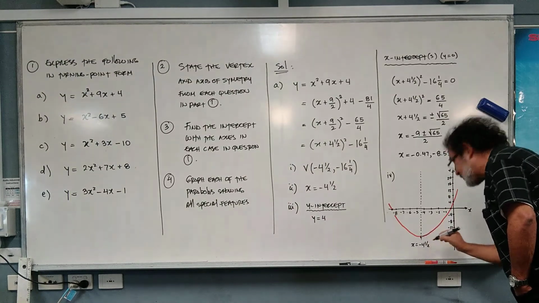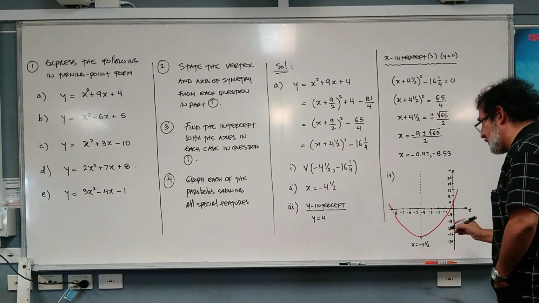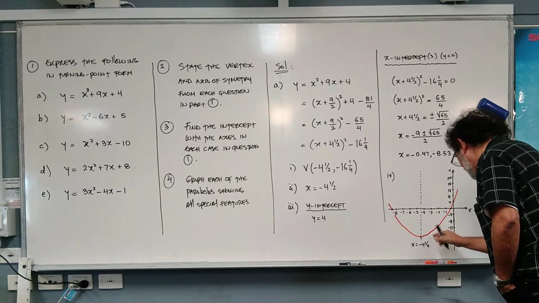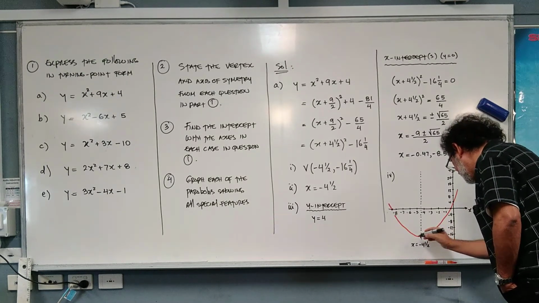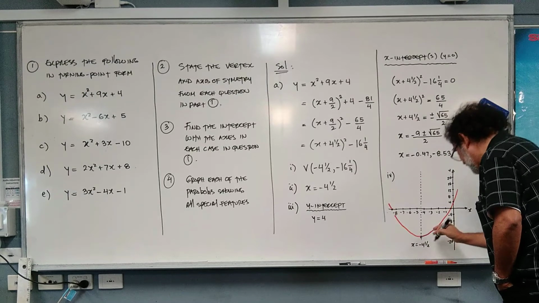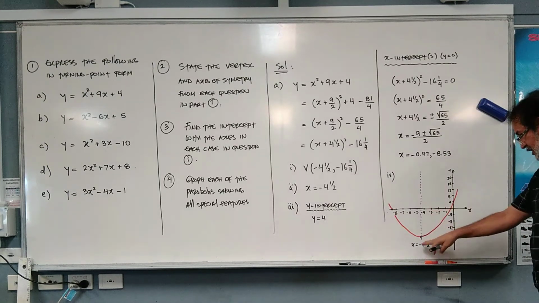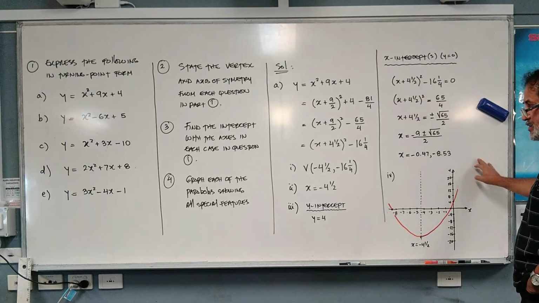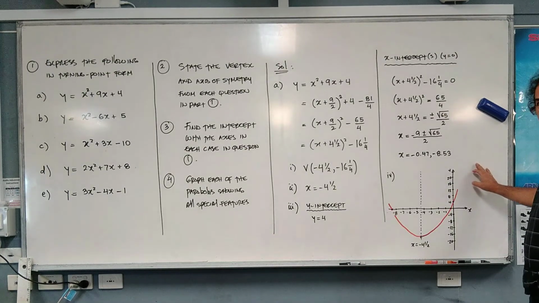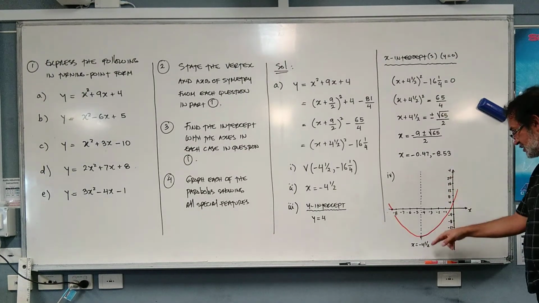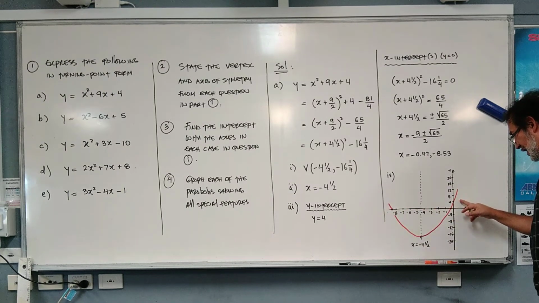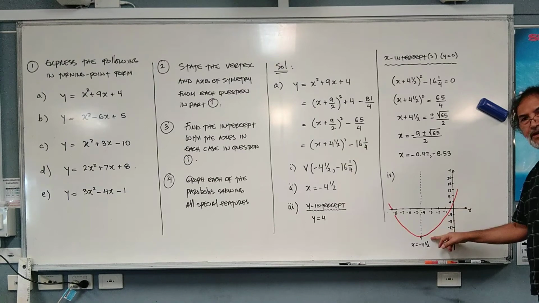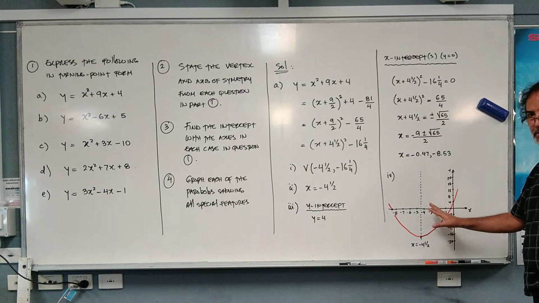In here we're going to write the coordinates of the vertex. I'm going to do it like that, otherwise it's going to be very heavy. But that's what you do. When I say that you have to show all important features, we mean the axis of symmetry, the intercept with the x-axis, the intercept with the y-axis, and the vertex. That's all you have to do.